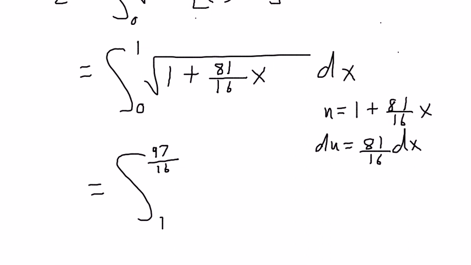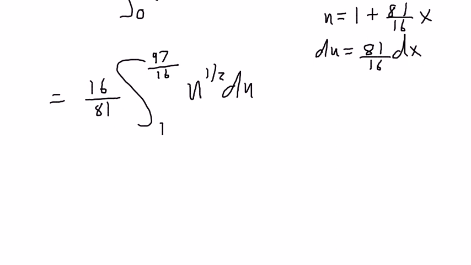Okay, and then now you're going to have u to the 1/2 du, and then you got to go ahead and divide by what's in front of dx there, so 16 over 81.